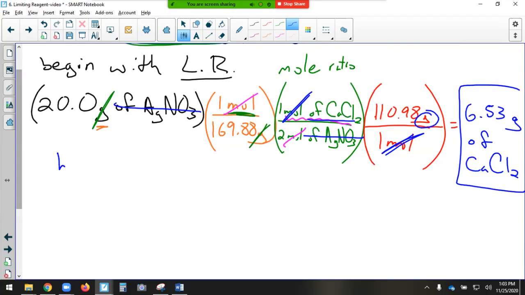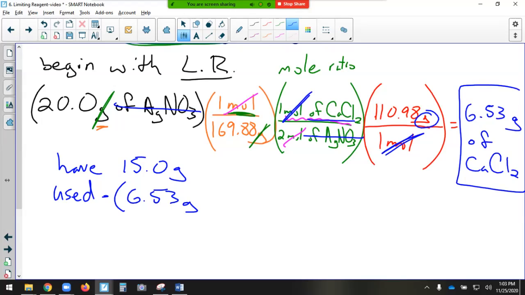Remember, according to the question, we have 15.0 grams. We used 6.53 grams, so we're going to subtract what we used. Then we just do the math, and our leftover in excess should be 8.5.